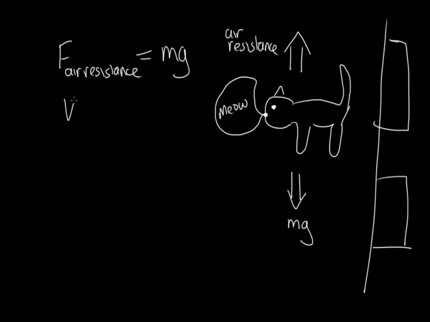So this velocity is called the terminal velocity of the cat. And no matter how long the cat falls for, its velocity won't get greater than this terminal velocity.